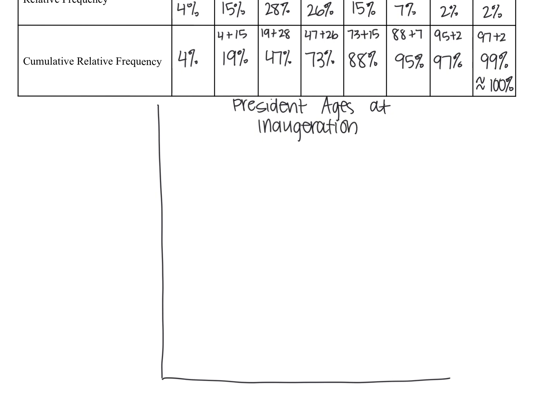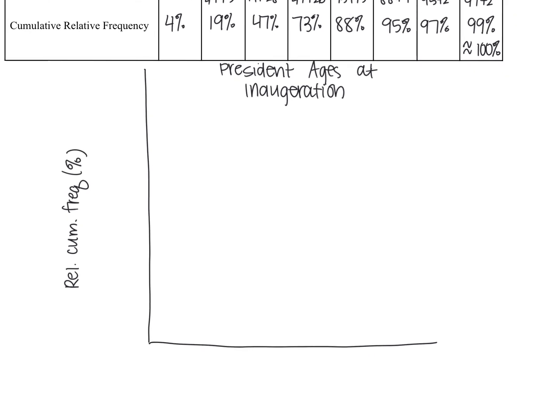My y-axis is going to be my relative cumulative frequency, as a percent. And my x-axis is going to be labeled as my age.